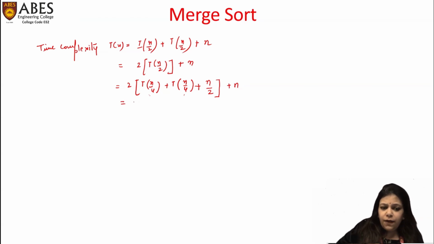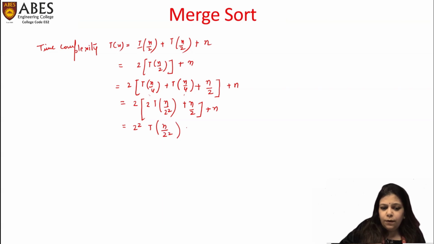Simplifying it, we can see that it becomes 2 squared T(n/2 squared) plus n by 2 plus n, which can also be written as 2 squared T(n/2 squared) plus 2n.